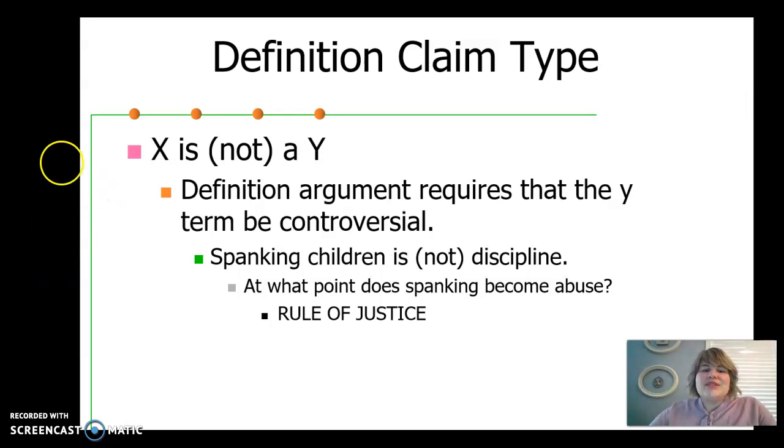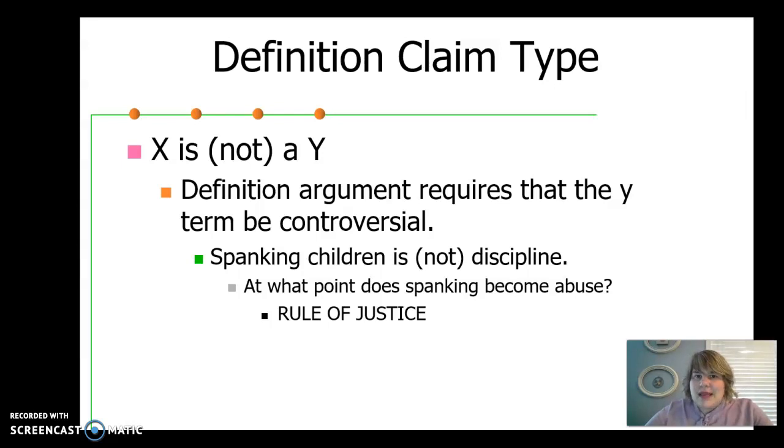So we're using this claim type, and this isn't math, so don't freak out. The best thing I think about the claim type is it gives you a template to use. Now, the template here is going to be X is or is not a Y. As a student, you can choose if you want to use is a Y or is not.